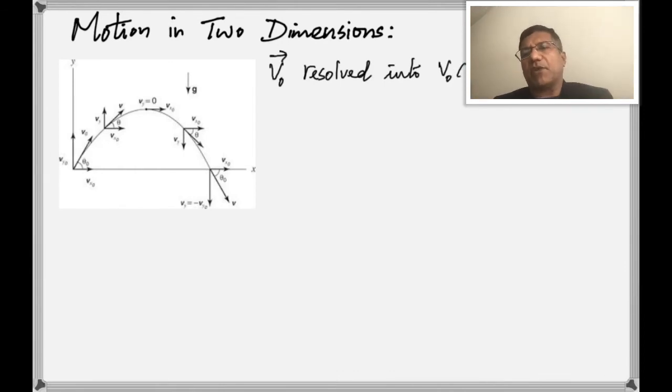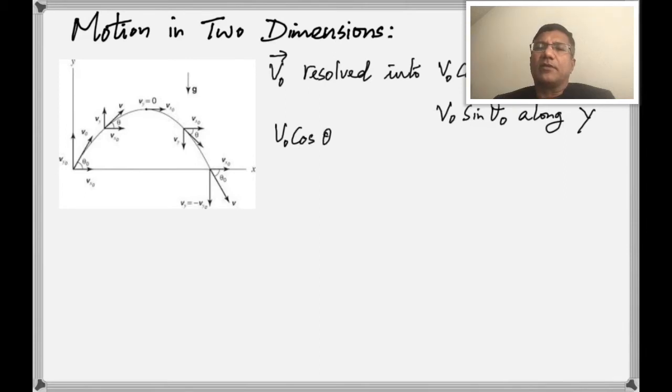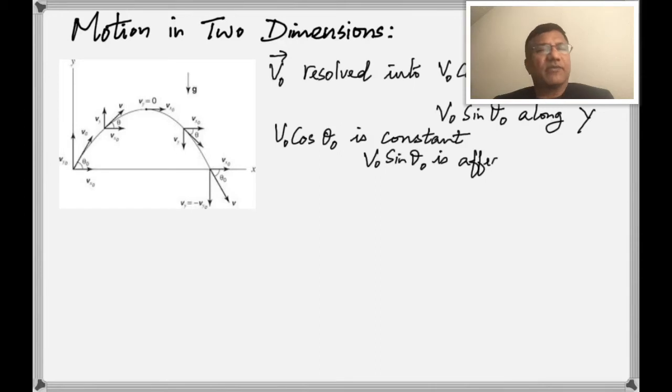This is a very important point. V naught cosine theta naught, because the angle is given as theta naught, is the horizontal, and V naught sine theta naught is the vertical. Obviously, V naught is the initial velocity. Which of the components is constant? The horizontal, which is V naught cosine theta. And V naught sine theta is affected by gravity.